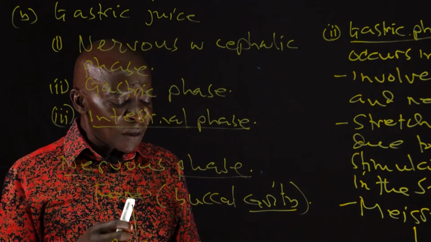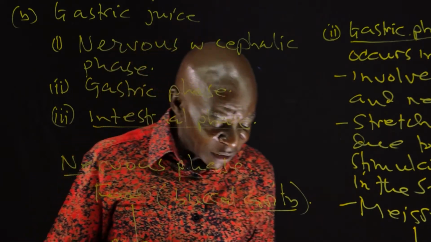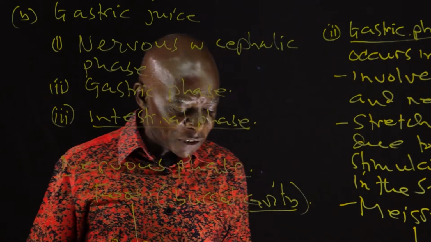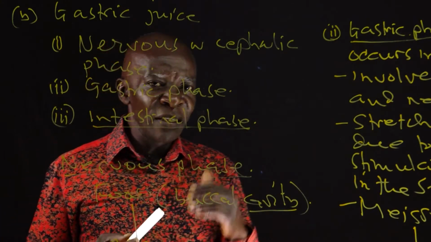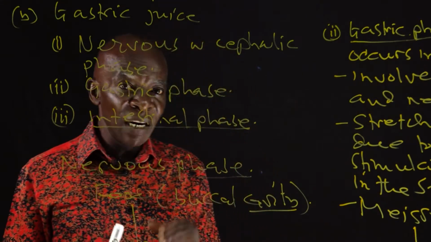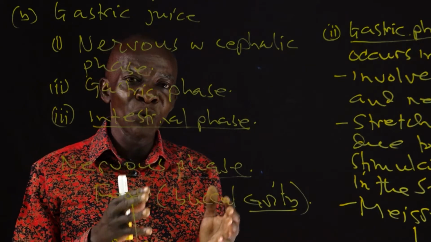Now, when this acidified chyme enters the duodenum, it will trigger nervous and hormonal responses. And these responses that pass through the brain will inhibit the release of chyme into the duodenum.